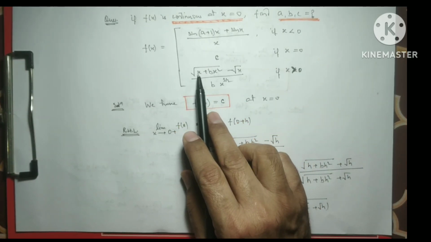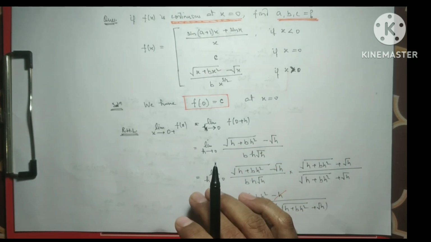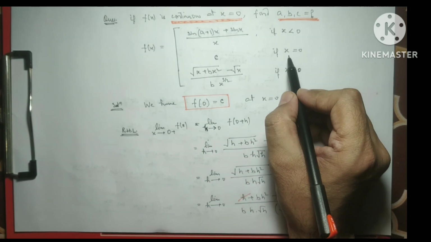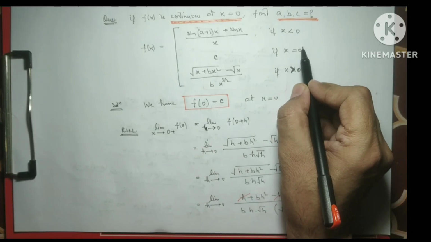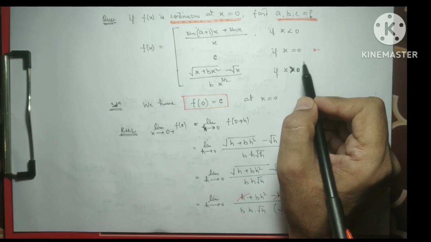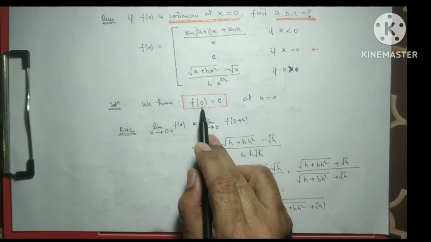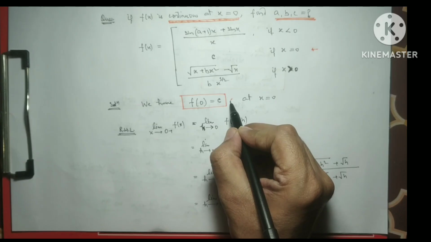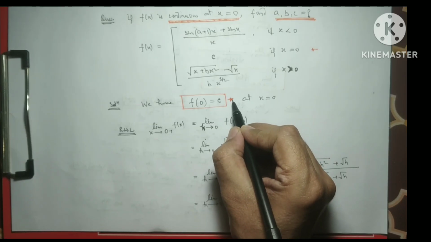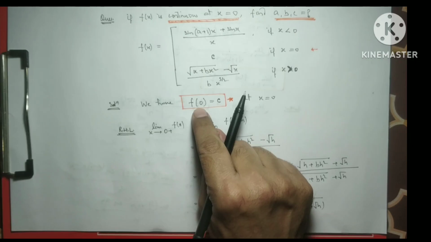It's an irrational expression. So first we collect the value of the function at the given point, that is x equals 0. So at x equals 0, the value of this is c. So f(0) is c. This is the first value. We want the three values: right hand limit, left hand limit, and point value.